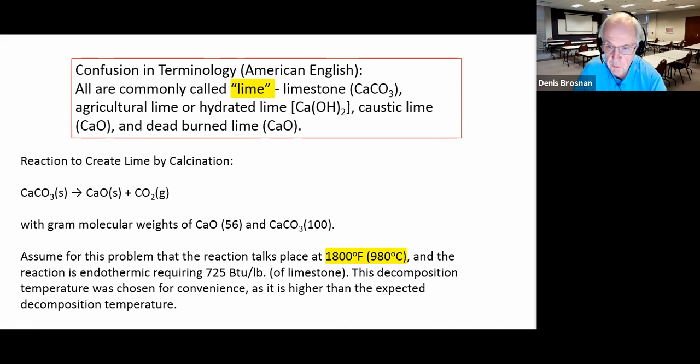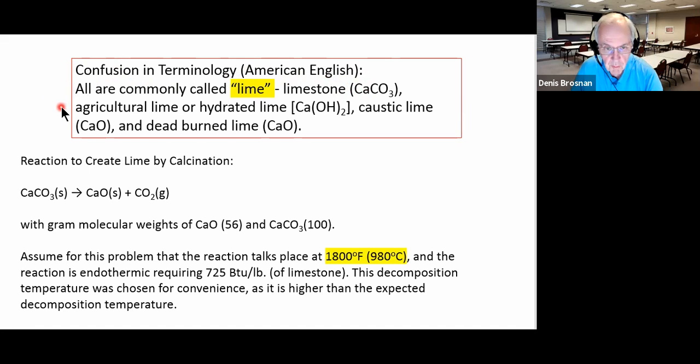There's another form called aragonite, which is less soluble in seawater. The mollusks of the world, the shelled animals of the world like that, they'd rather have aragonite than calcite, but we're going to calcine calcite because that's the form in which much of the limestone rock is present in our world.